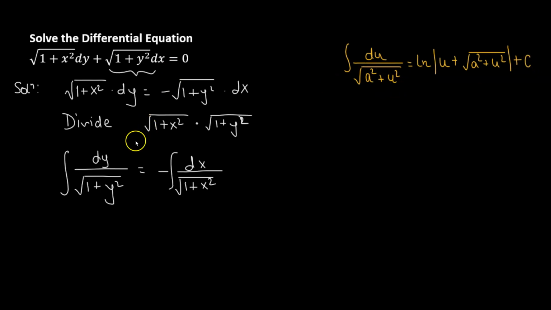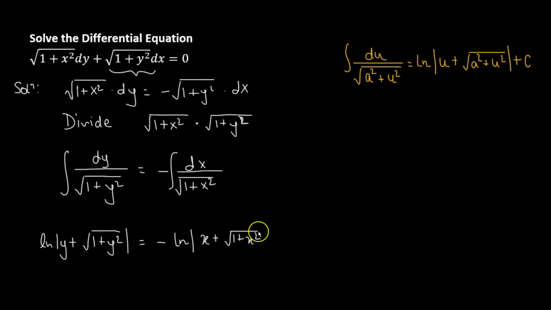So we'll use this, and this should give us natural log of y plus square root of 1 plus y squared equals negative natural log of x plus square root of 1 plus x squared plus the constant of integration c. But since everything is in terms of logarithm, we have natural log of c.